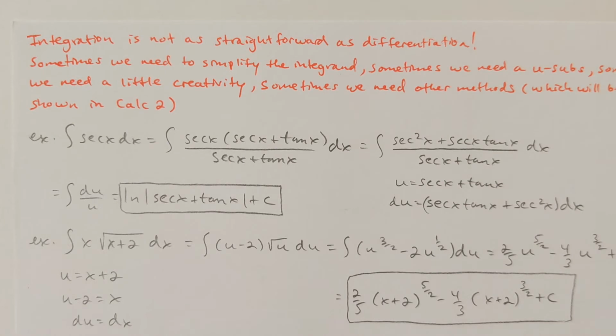Also, it is worth saying that some functions don't have what's called an elementary antiderivative. What I mean by that is that it is impossible to find the antiderivative using methods that we know. You'll learn a lot about that in Calc 2, actually in Chapter 7.